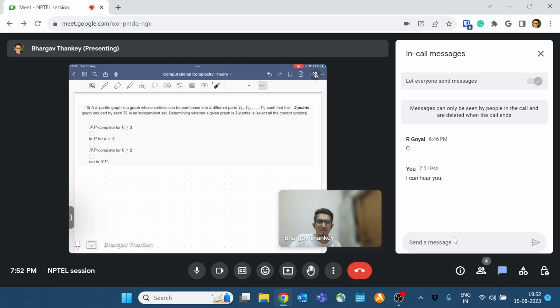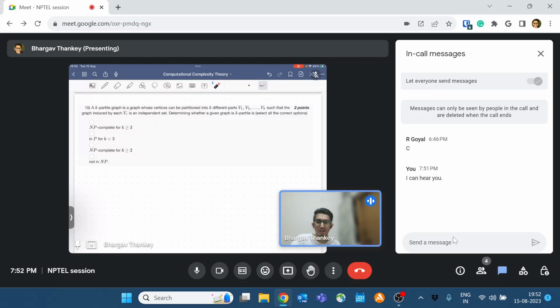So since we have to solve k number of NP complete problems, option A is correct for values of k greater than or equal to 3, and for k less than 3 it is in P. We have been given only two vertices.